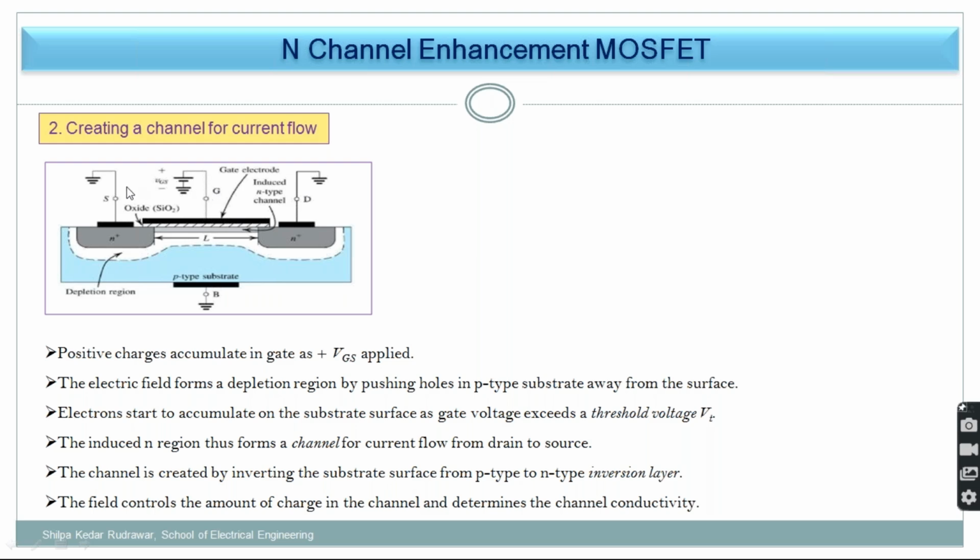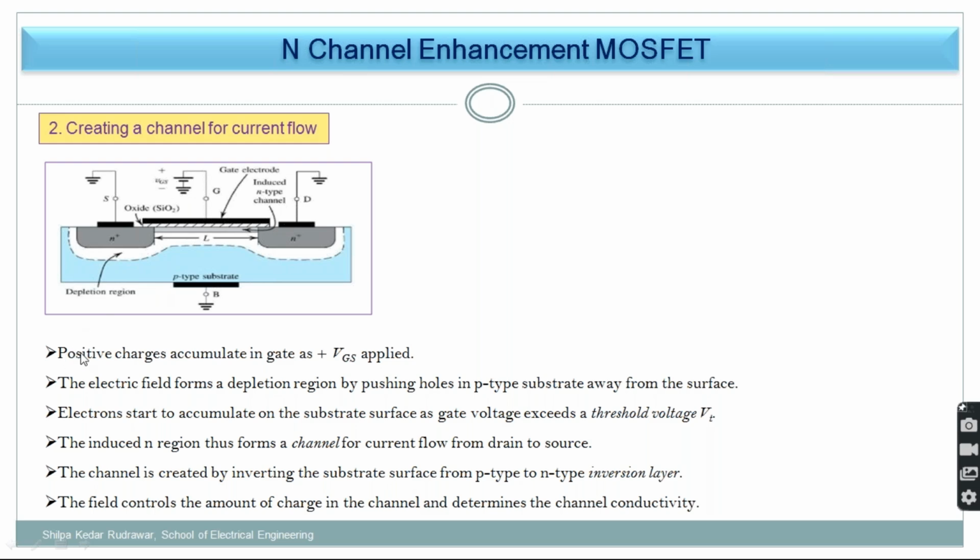You have applied VGS as a gate voltage, so the same voltage will be present over here with respect to gate and drain. Because of that, this depletion region is uniform all over this region. The width of the depletion region is the same throughout this channel, because the voltage at this point is the same as VGD.